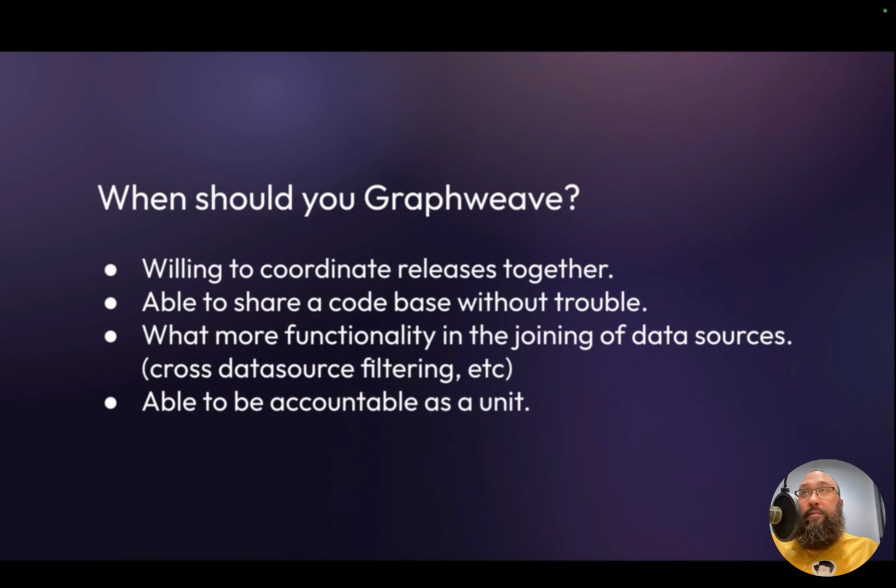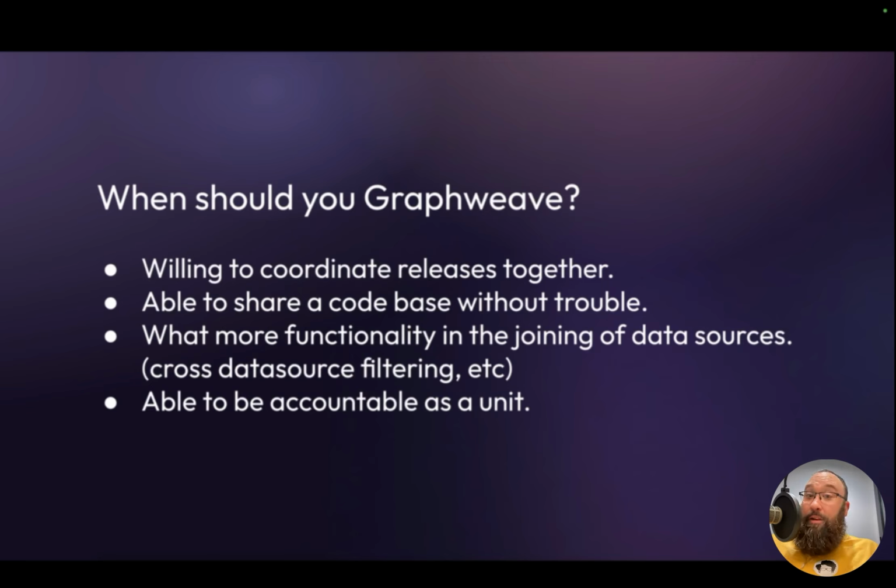Also, if you need more functionality in the joining of data sources, because Graphweaver directly integrates with all of your data sources and then creates that GraphQL API, you can get a little bit more functionality. Cross data source filtering, for example, is something we can do inside Graphweaver because we know about all of the data sources very intimately. And you need to be able to be held accountable as a unit together with the people you're working with.